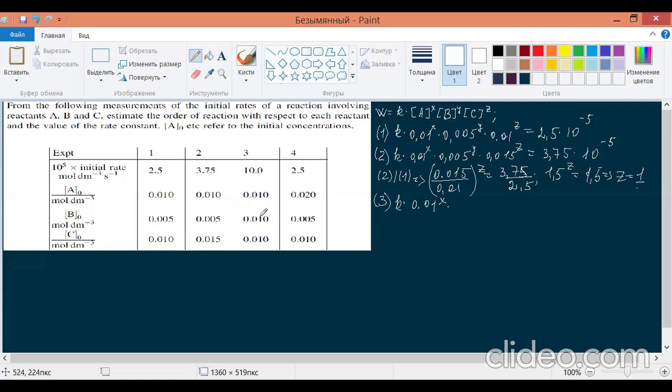The concentration of B is the same, raised to y, and the concentration of C is also the same. But this time I don't need to write z because I just calculated it. And the initial rate is equal to 10 times 10 raised to minus 5.